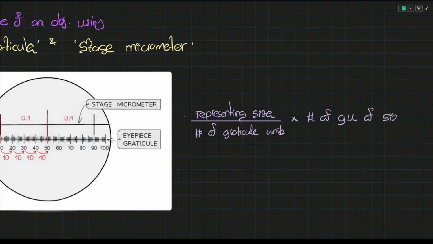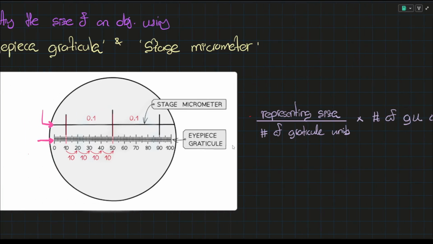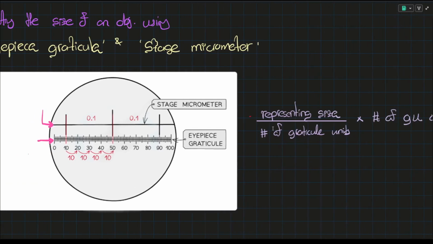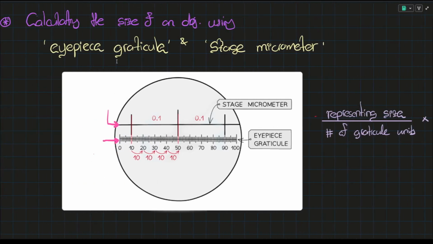Okay, that made no sense, I know, that's okay. We'll see how exactly we are going to deal with this. This is the logic, this is the eyepiece graticule, and this is the stage micrometer. The best way I have found to teach this is to simply refer to a question.